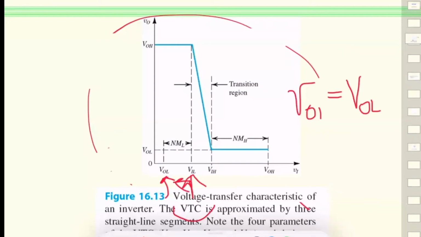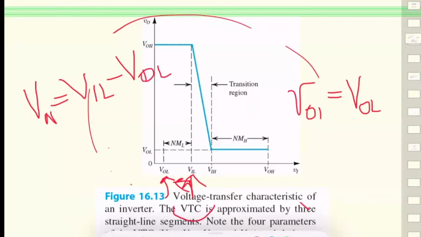So there is an upper limit we are putting on the noise. We can then say that Vn can be as high as the difference of these two. Right? So far with me?